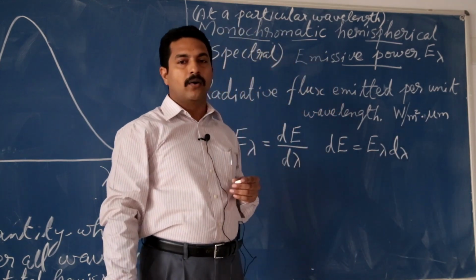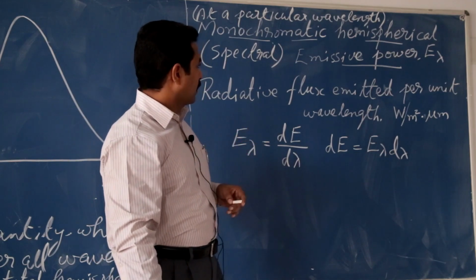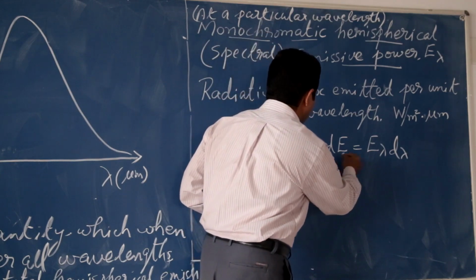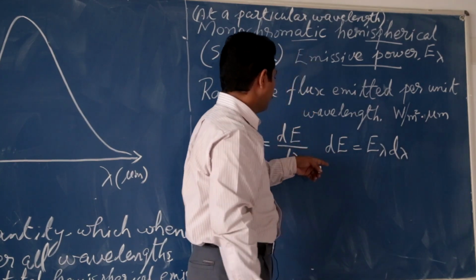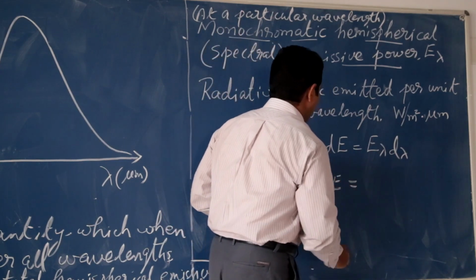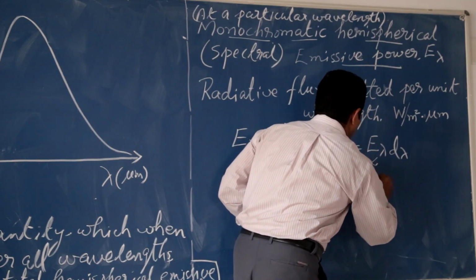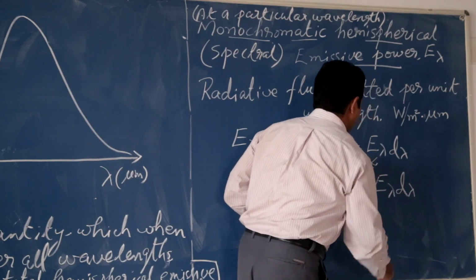From here, how can I find the total hemispherical emissive power? If I integrate it from 0 to infinity, it will come out as E. That is, E equals the integral from 0 to infinity of E lambda d lambda.